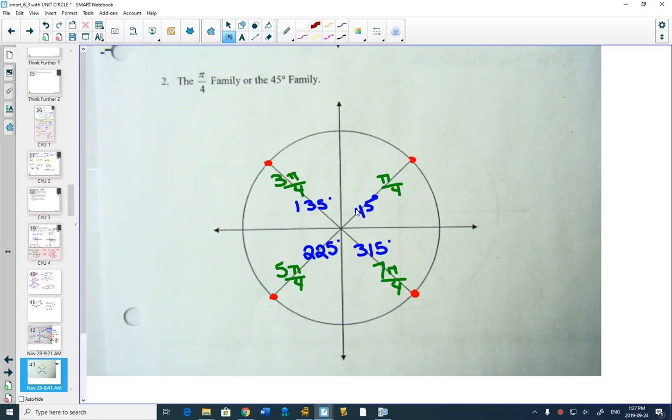Now we have to find these coordinates without a calculator. So we have to figure out where those things are going to be on our unit circle for 45 degrees, 135 degrees, and so on.